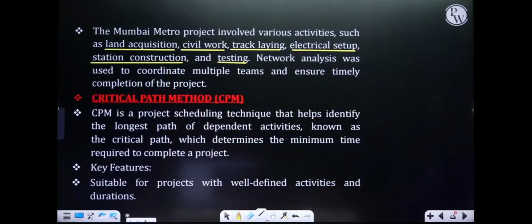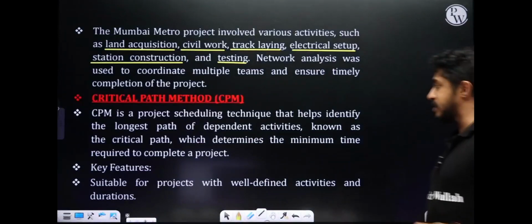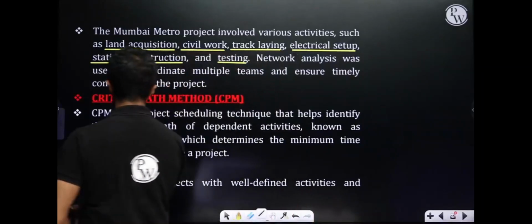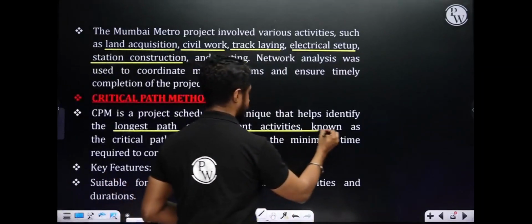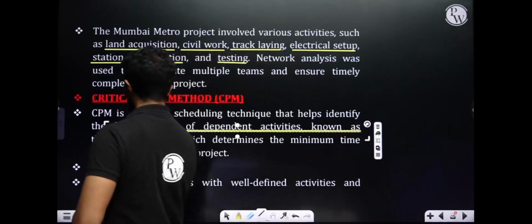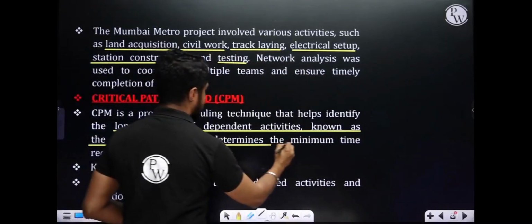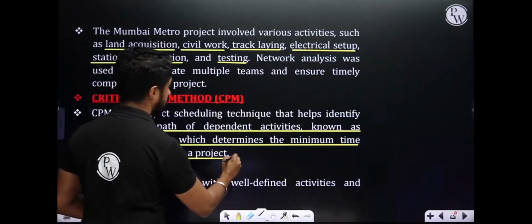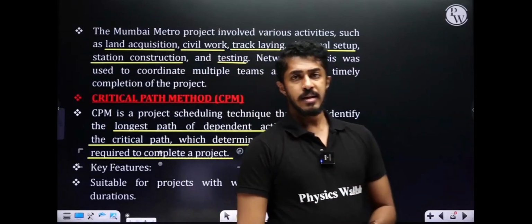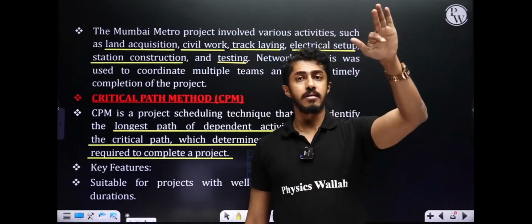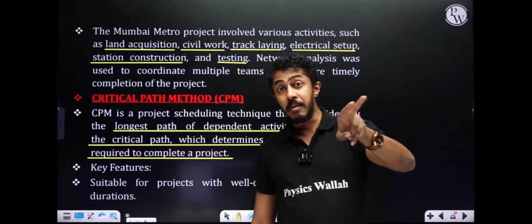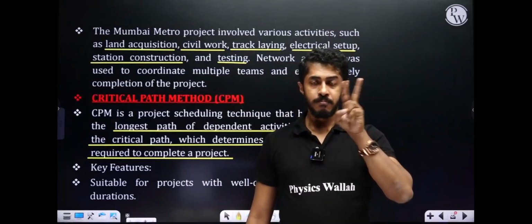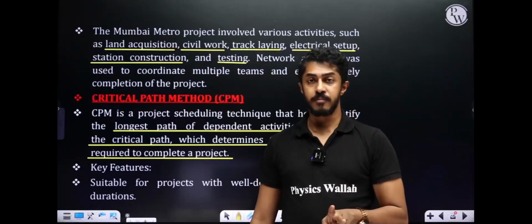Critical path method. CPM is a project scheduling technique that helps identify the longest path of dependent activities, known as the critical path, which determines the minimum time required to complete a project. So longest path and minimum time, those are the two things involved here.